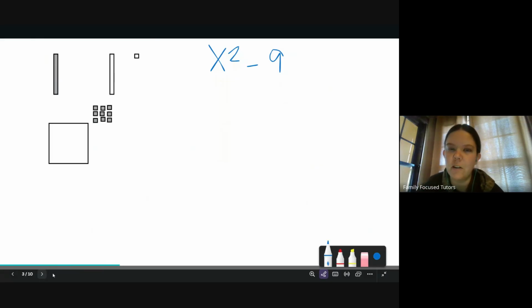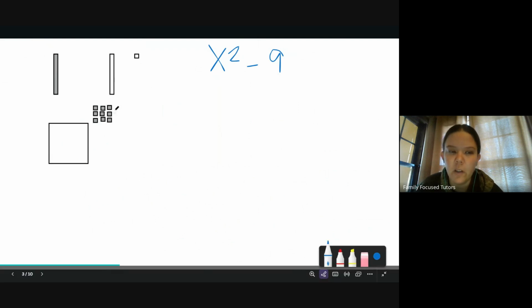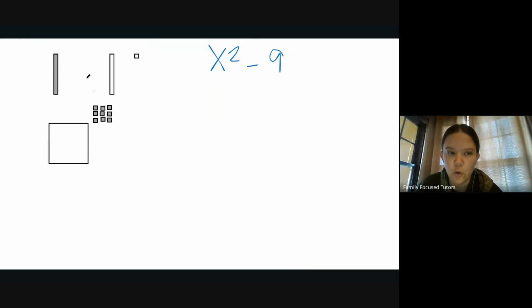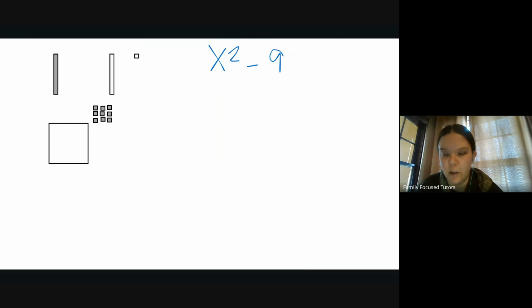What happens, though, is when you do your AC method and you find your factors, then your middle cancels out. So where your x would be is going to cancel out. We're going to look at it visually first, this way with the algebra tiles, and then we're going to talk about what it looks like.